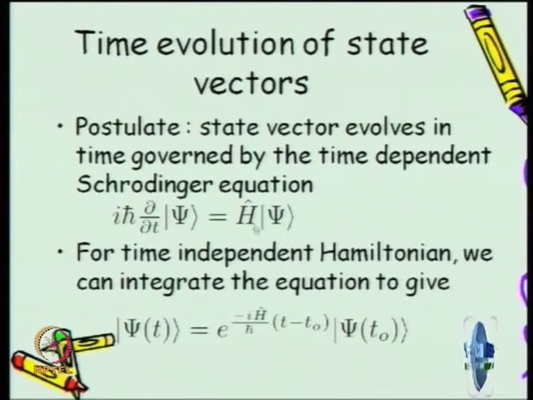depends on the Hamiltonian of the system. If the Hamiltonian has no time dependence, then I can do this, and this piece is what we call a time evolution operator.